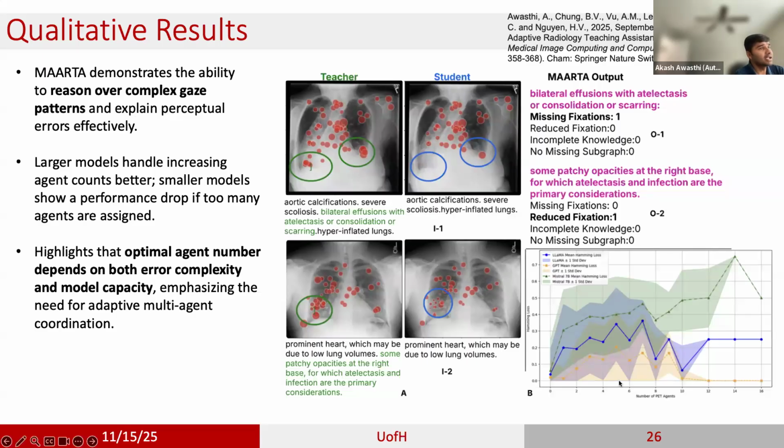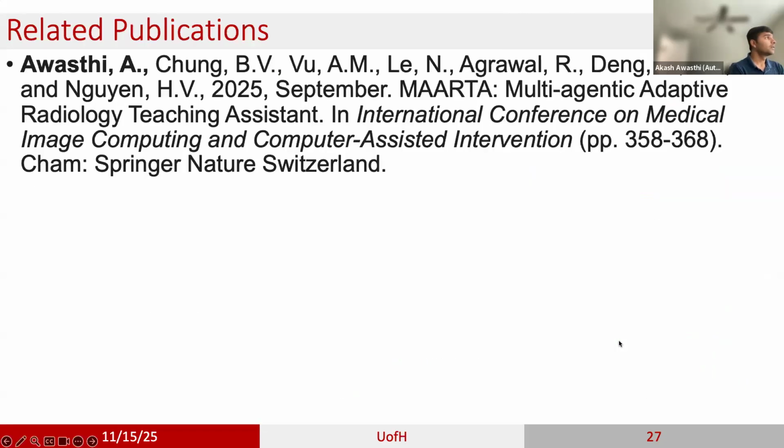You can also see in the graph that as the number of agents increases, the performance gets better for most models, but it also depends on the type and capability of the model.